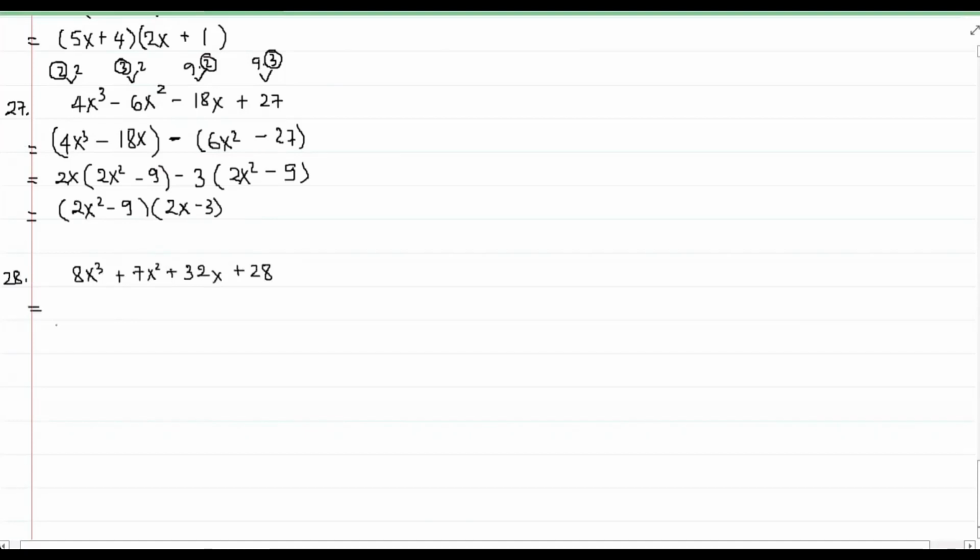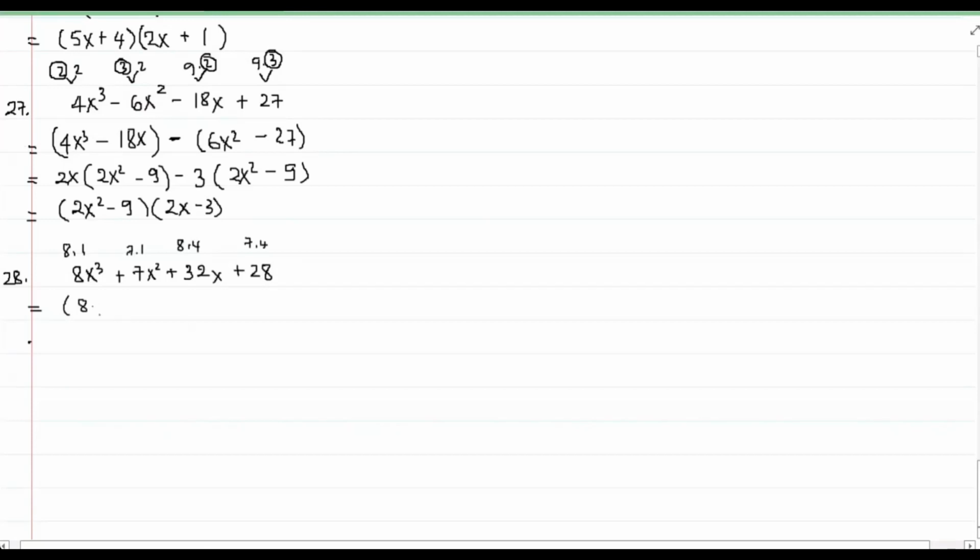Similar, we see different degrees, so we can group it. So 8 is 8 times 1, 7 is 7 times 1, 32 can be 8 times 4, 28 can be 7 times 4.